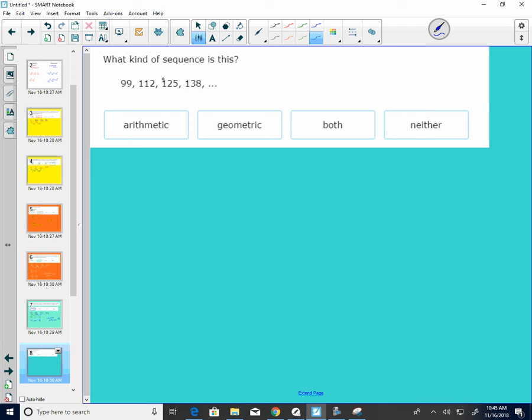My next example, it's already laid out for me. These are increasing, but not at a super fast rate, so I'm going to check for arithmetic first. I'm going to do 112 minus 99 and see what I get. 112 minus 99 is equal to 13.